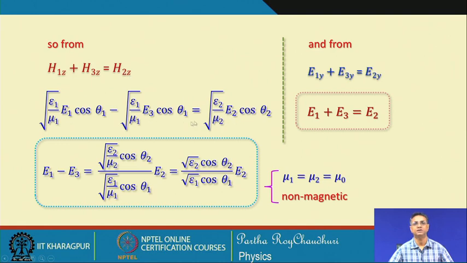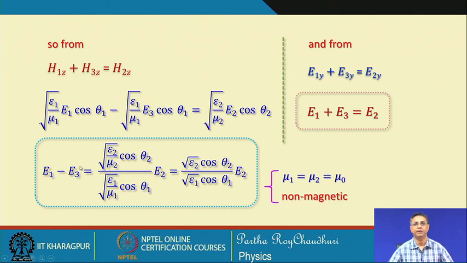So, this is the equation that gives you the continuity condition for the magnetic field, and if we rearrange this equation in terms of E1 and E3 on the left hand side, on the right hand side you will have this E2 multiplied by this factor. So, E1 minus E3 is equal to this quantity, which includes the permittivity constants of the medium, multiplied by E2. And from the electric field continuity condition, the tangential component of the electric field is already continuous. So, E1 plus E3 equals E2.